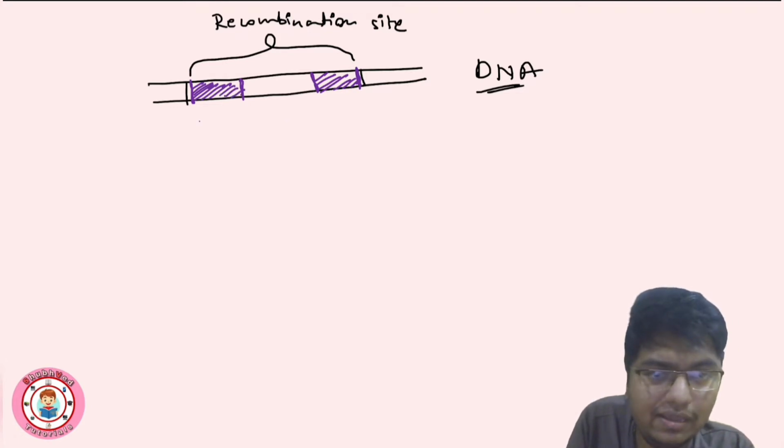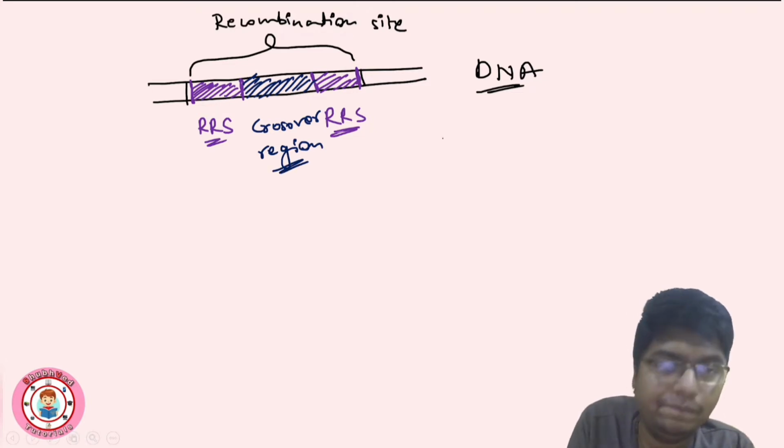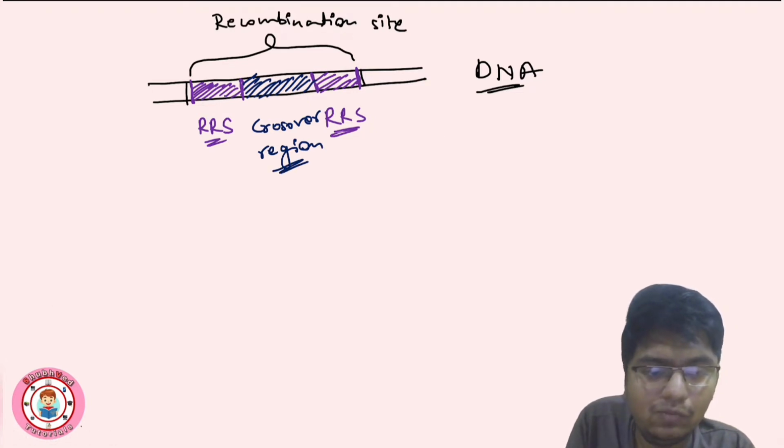So these are recombinase recognition sequences. And in the middle, this is a crossover region. Now what is this recombinase recognition sequence?